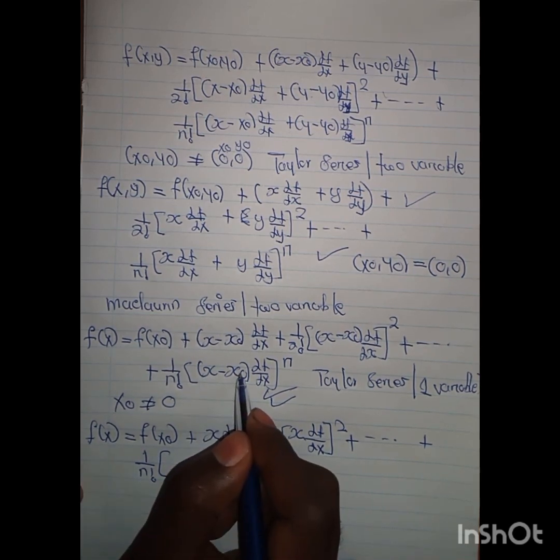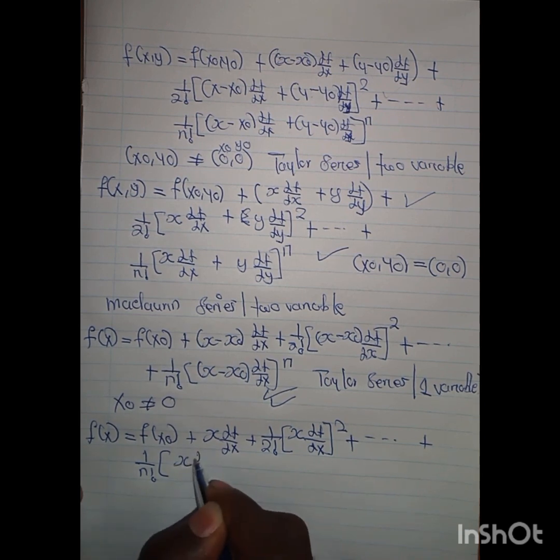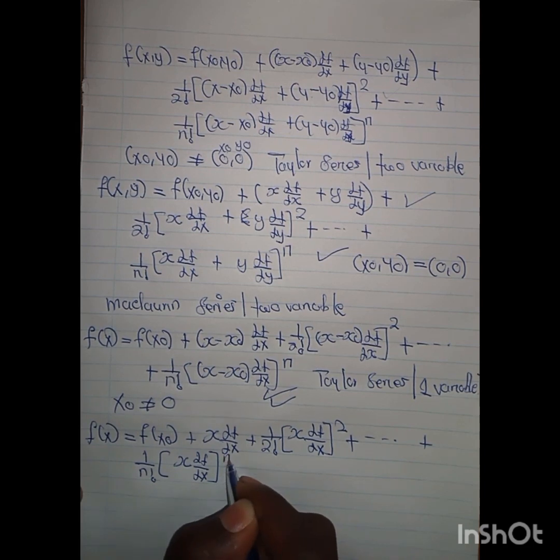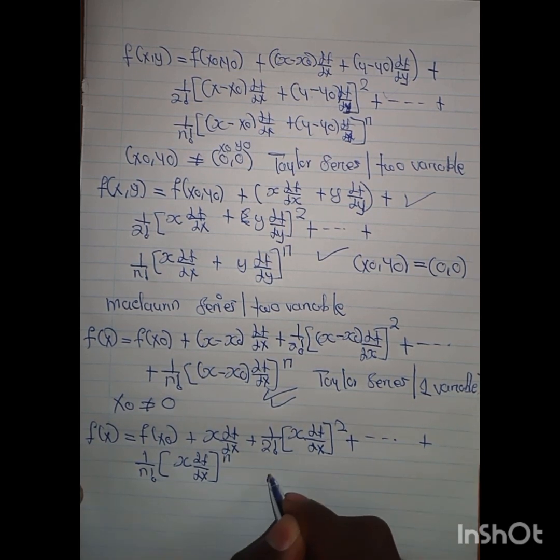We have said that x0 is 0 this time around, it means we have x df dx everything raised to the n. And now this formula is the Maclaurin series.